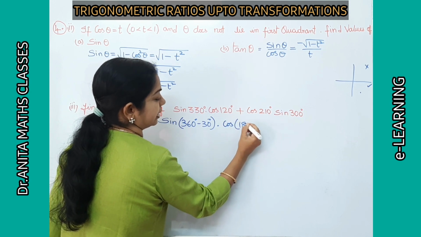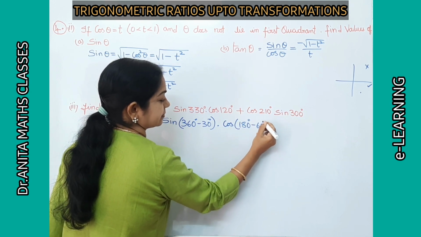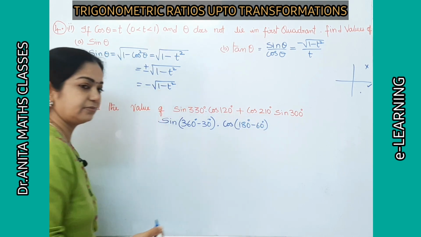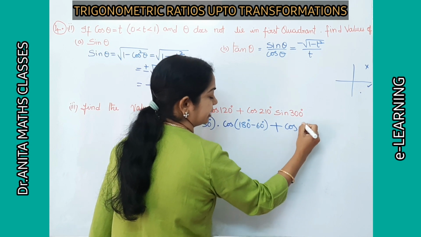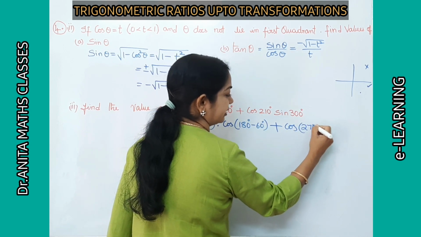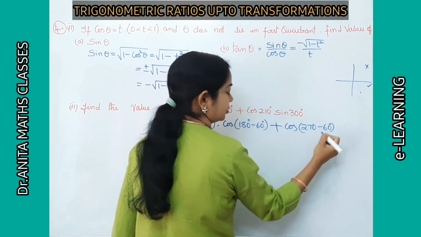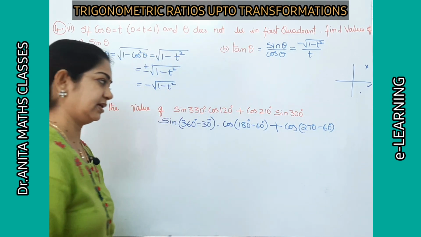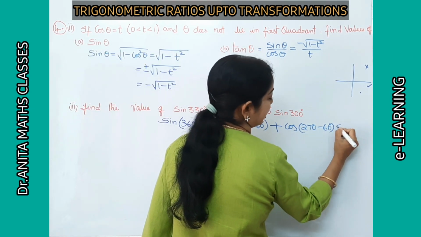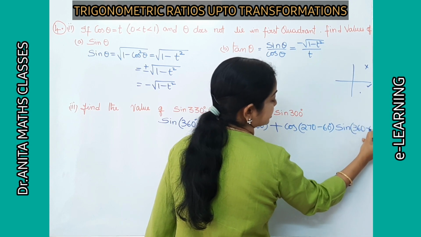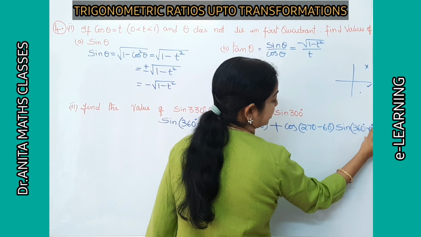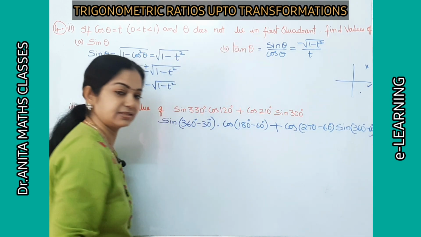Let me write 180 degrees minus 60. And plus cos 210, you can write it as 270 minus 60 or 180 plus 30, either way you can write. Now sin 300 is 360 minus 60, so I can write this as 360 minus 60.